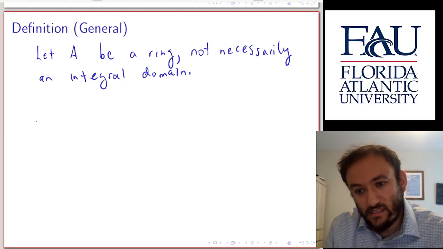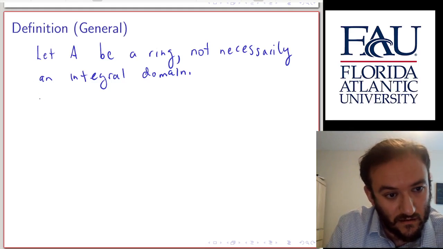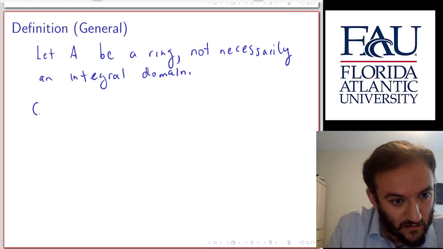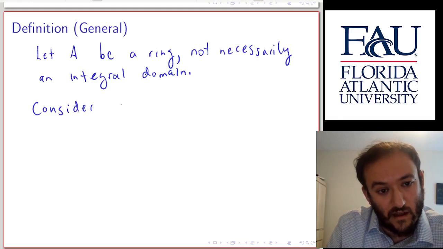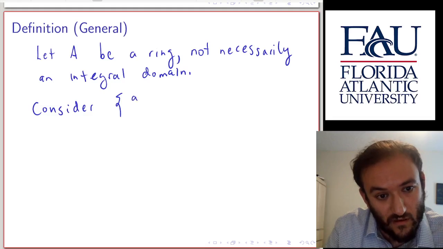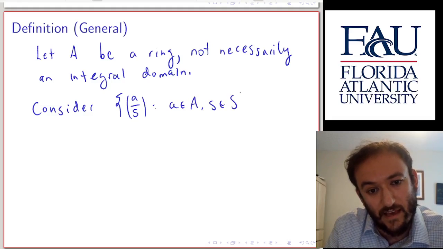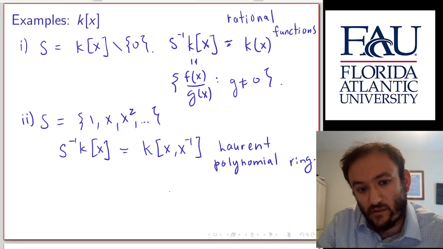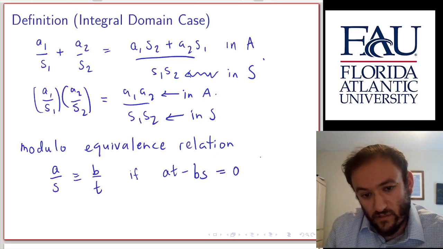Okay, and now let's say we're going to localize at S. So we're trying to consider the set of A over S, where A is in A and S is in S. And we made this claim about this equivalence relation.